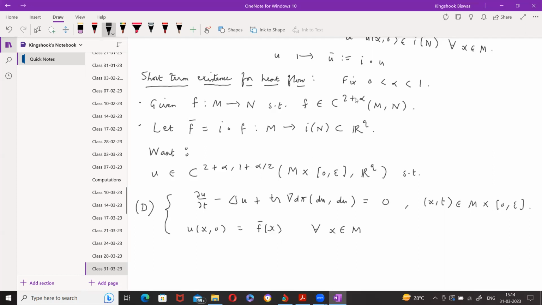Yes, sir. Okay. Now, the idea is you look at this operator, this differential operator, right? And you call that, so this we can think of as a map between Holder spaces actually. All right. So the first thing is that this d pi is a bit of a problem because pi is only defined on the neighborhood n tilde of I of n.